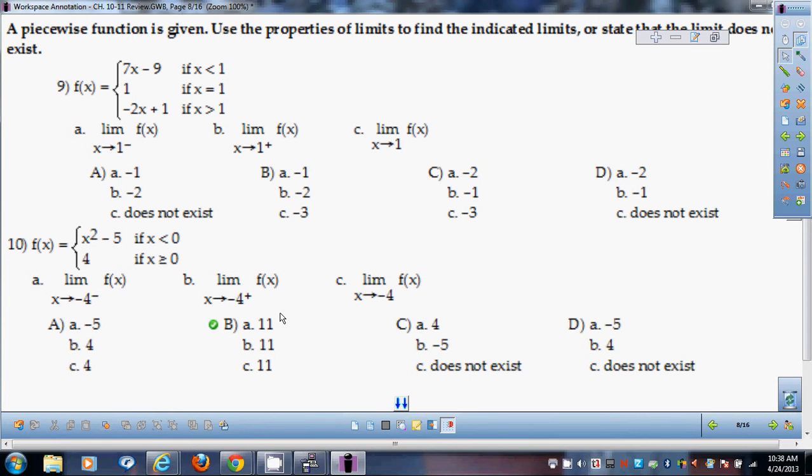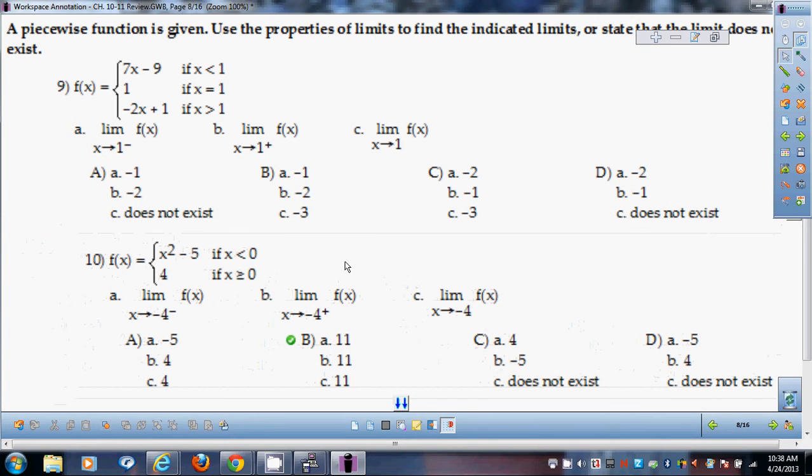What we did was, you know, you look at these, and I've been harping for days about checking the breakpoint, right? However, the limit didn't even ask us for 0. It asked us for -4. -4 is less than 0, so all we needed was that top equation.